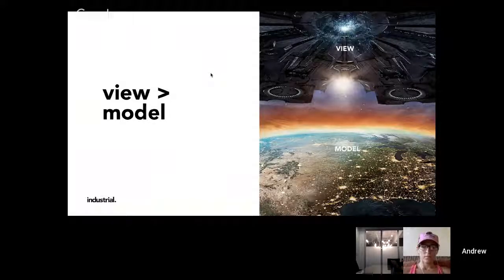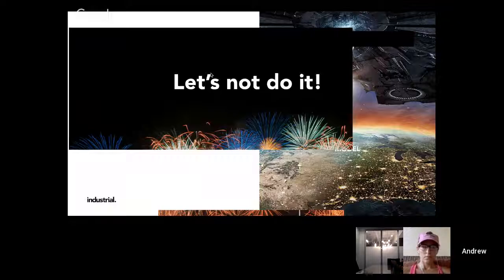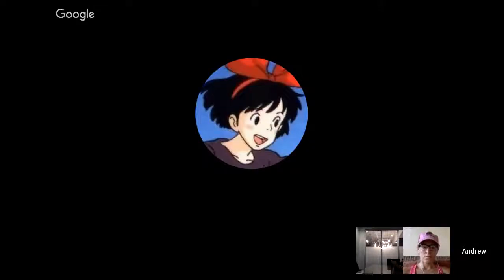Everybody says, don't put your model in your view, but nobody ever says, don't put your view in your model. That's what I don't want to do, so let's not do it. There's a really good alternative, and it's called a form object. And it's pretty simple, what a form object is.